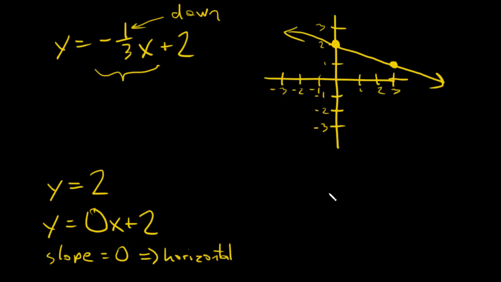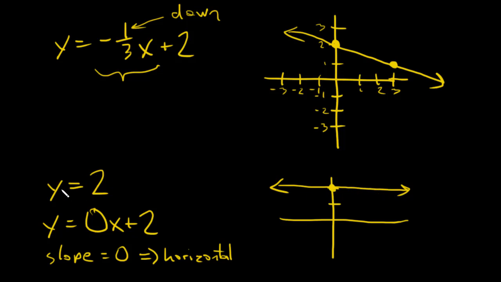So what does this look like? Well, at y equals 2, it's a horizontal line, just like that. And this function right here, no matter where I am in x, y is 2.